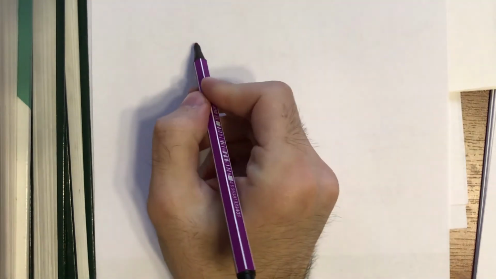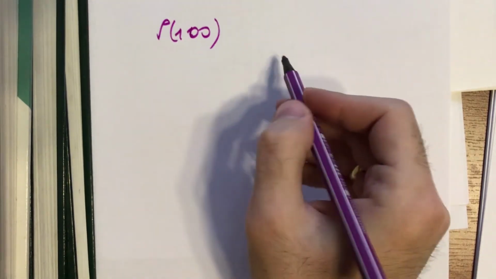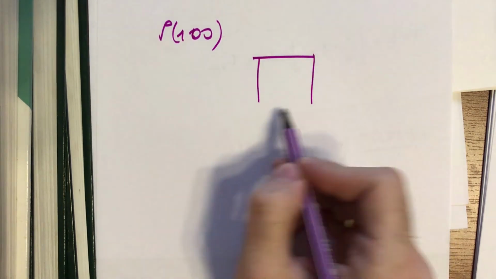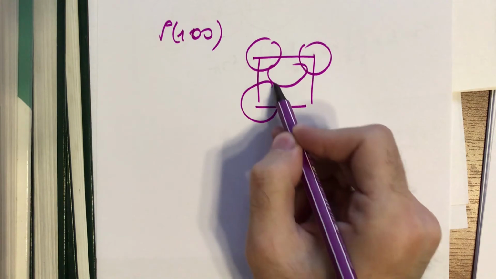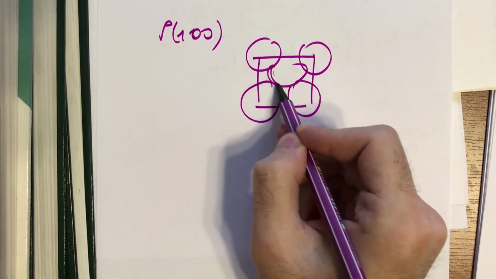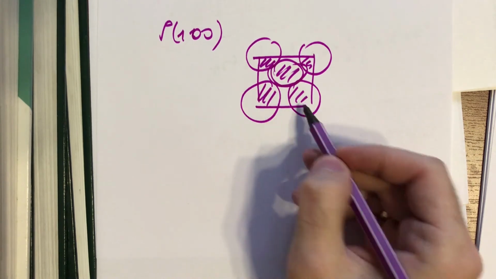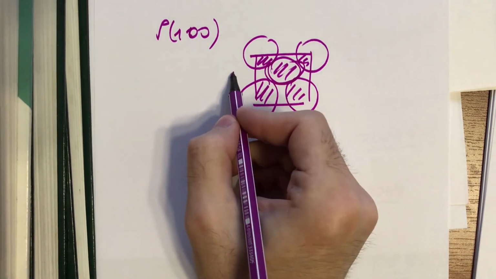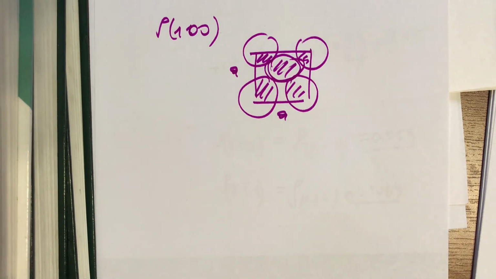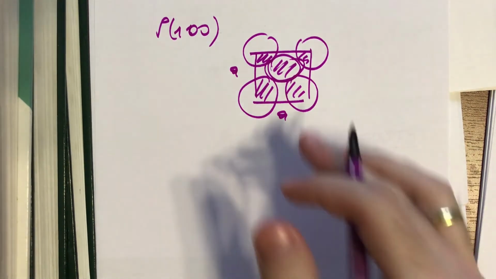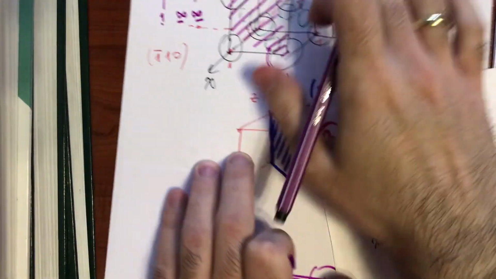Then all we need to do now is calculate the density of 100 plane. If you draw the 100 plane, it's going to be composed of these atoms. Okay, these are filled. So the plane has the edge length a, it's a square, the front square, as in here.